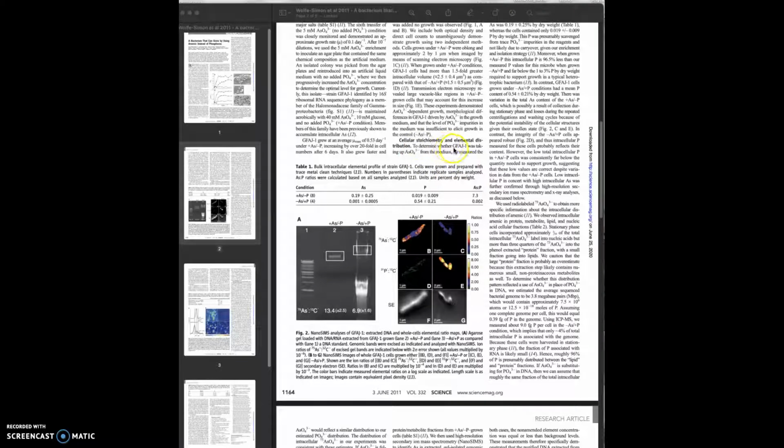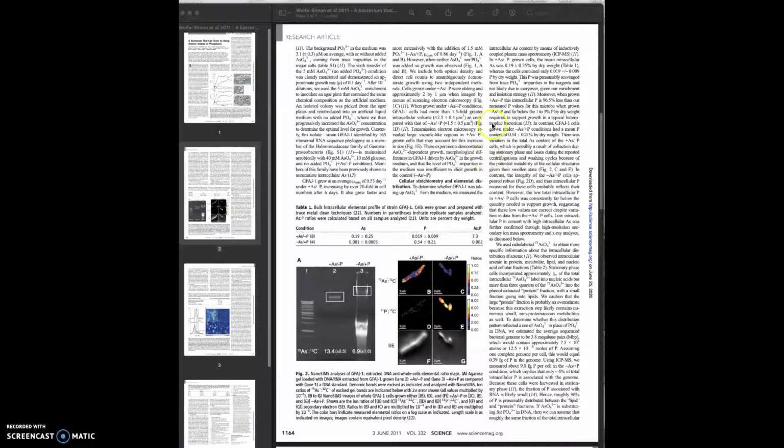To determine whether GFAJ-1 was taking up arsenate from the medium, we measured intracellular arsenic content by means of inductively coupled plasma mass spectrometry, right? So that first sentence, that's not technically a result. That's a method. They're telling you what they did. Why? So that you can understand what next comes.